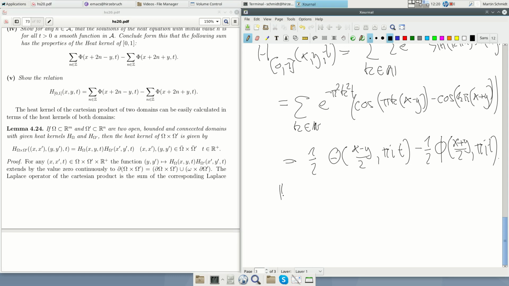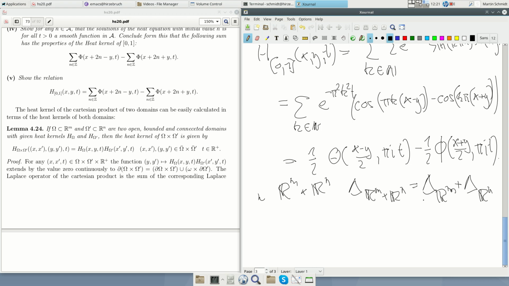First of all, in Rm cross Rn, the Laplacian is the sum of the Laplacian of, maybe I write it in this form. The Laplacian of Rm cross Rn is the same as the Laplacian of the first components plus the Laplacian of the second component.